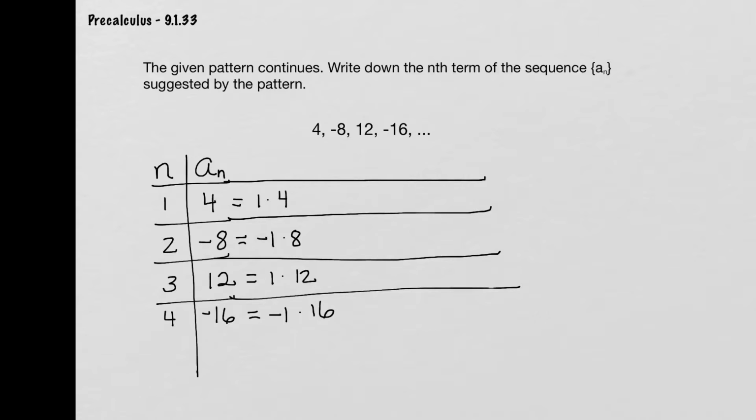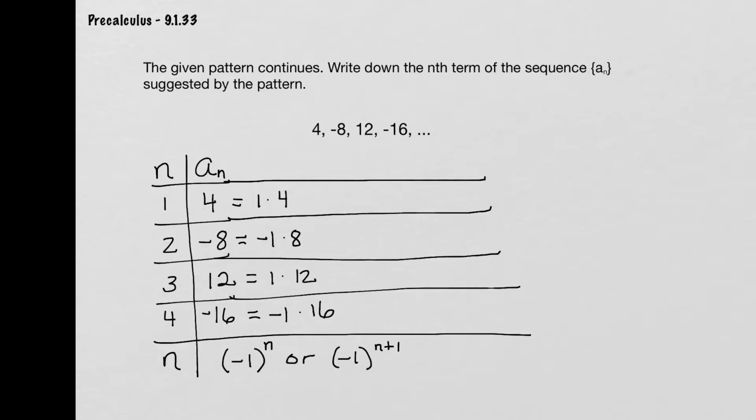When the sign is alternating between negative and positive, then for our nth term we want to say this is going to equal negative 1 to a power. Now it might be negative 1 to the n, or it might be negative 1 to the n plus 1 power. How do I decide between those two? It depends on whether you start with positive and then go negative, or start with negative and then go positive.